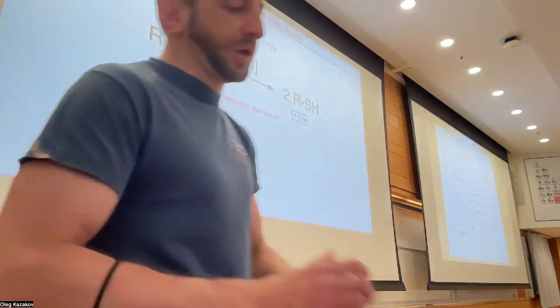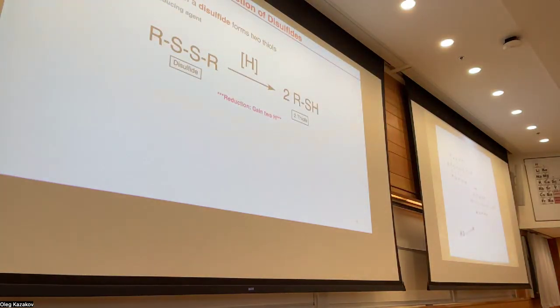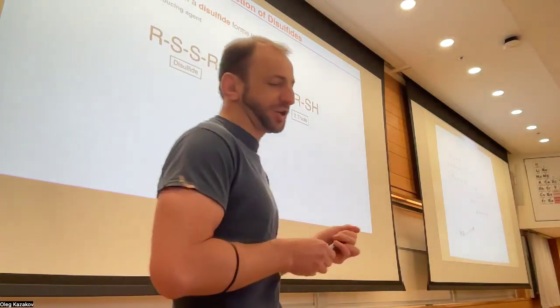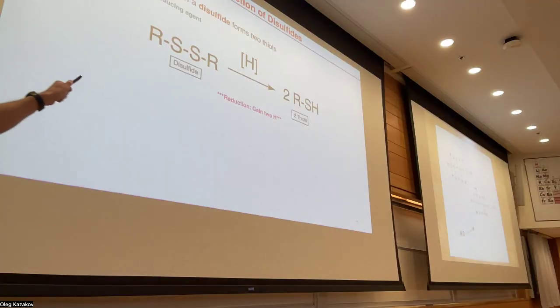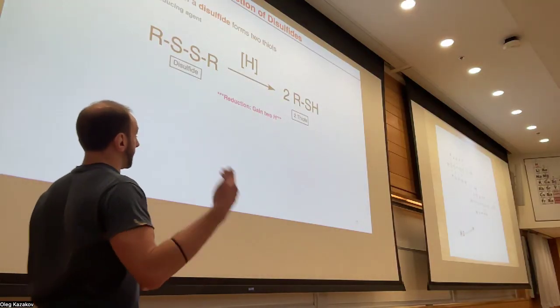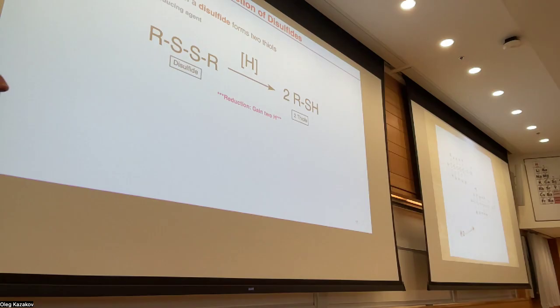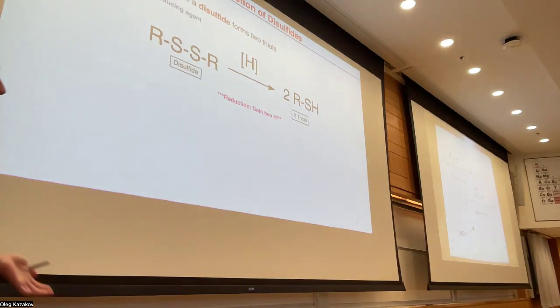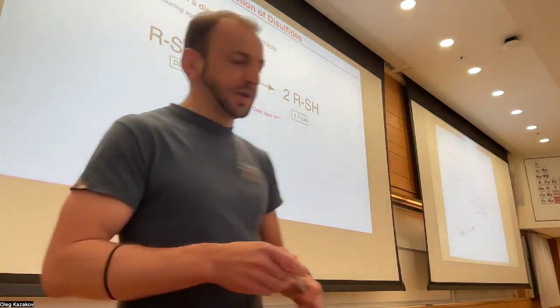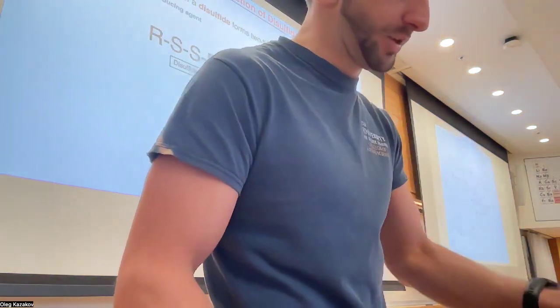Then we can go backwards. Apparently the opposite of oxidation is reduction. So in this case, H will stand for the reduction process, and this will basically tell you that we are going to increase the number of hydrogens in the final molecule. So what's going on here?